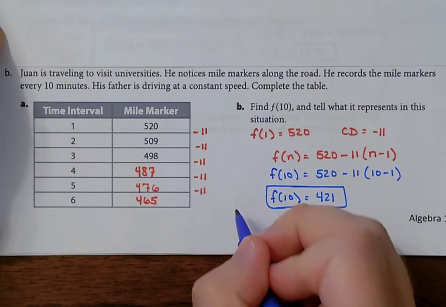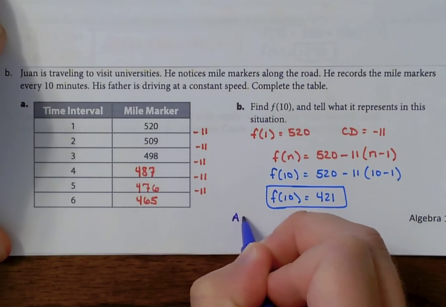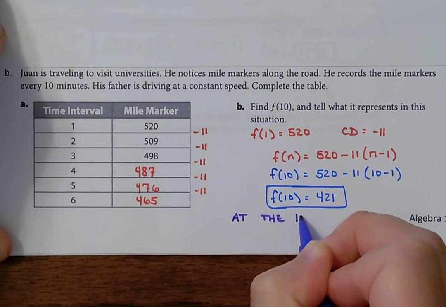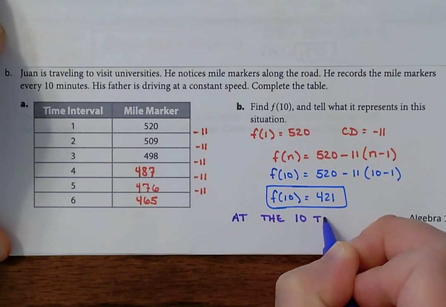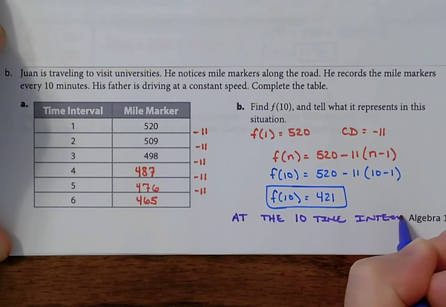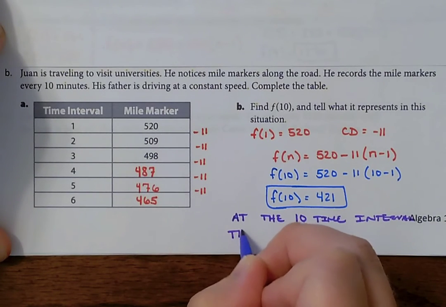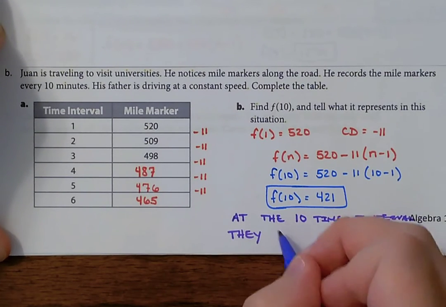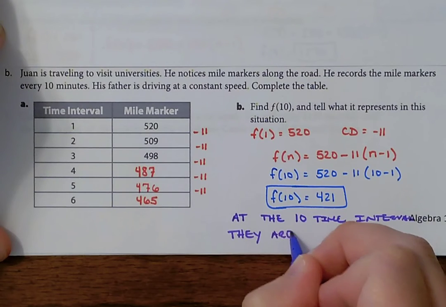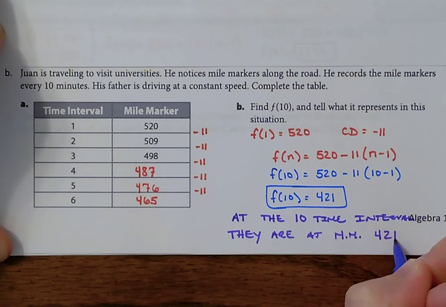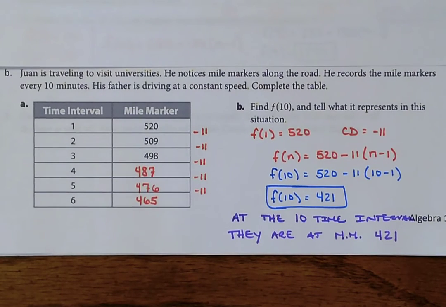So to kind of write that out, what I'm writing is at the 10 time interval, they are at mile marker 421. And that is our answer for example 2B.